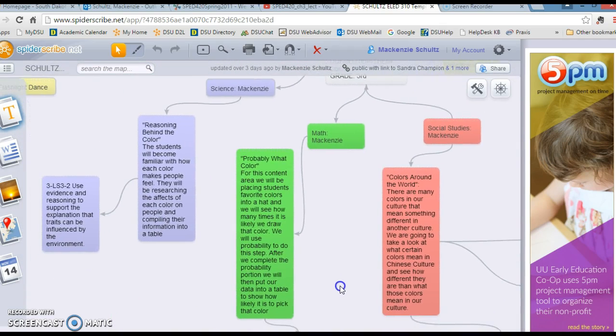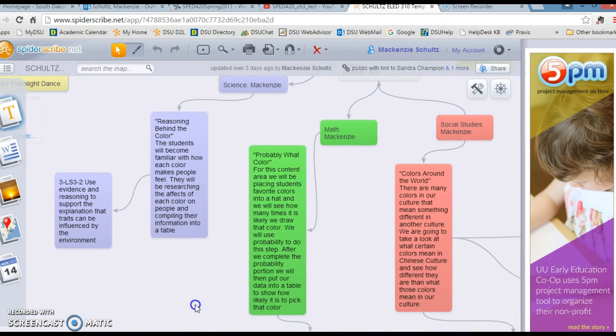And then we're going to go over here to science. Some people don't ever understand the reasoning behind science. So here we're going to do reasoning behind the color. The students become familiar with how each color makes people feel and why that certain color makes people feel that way.